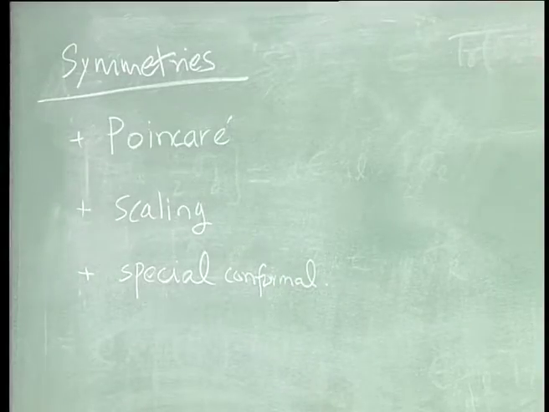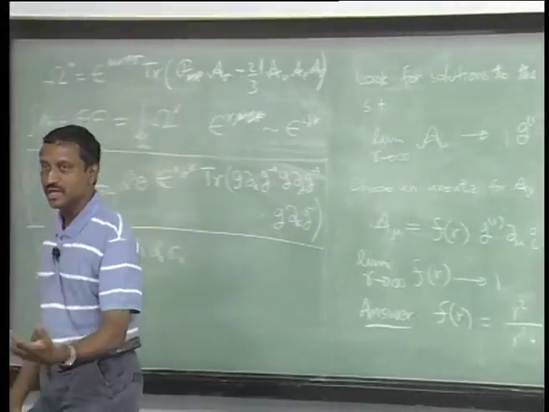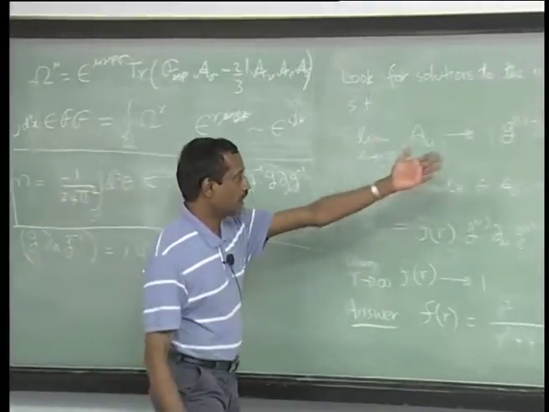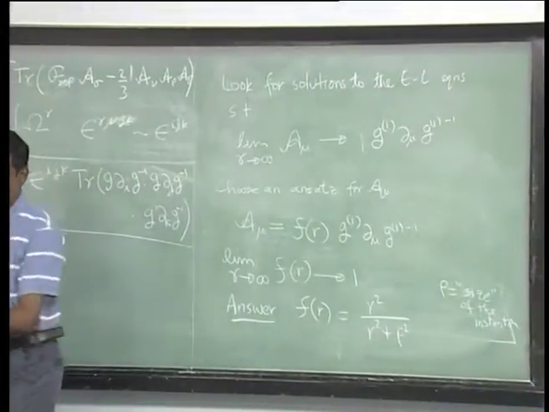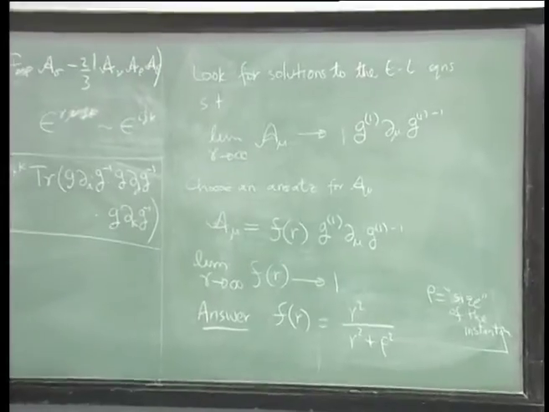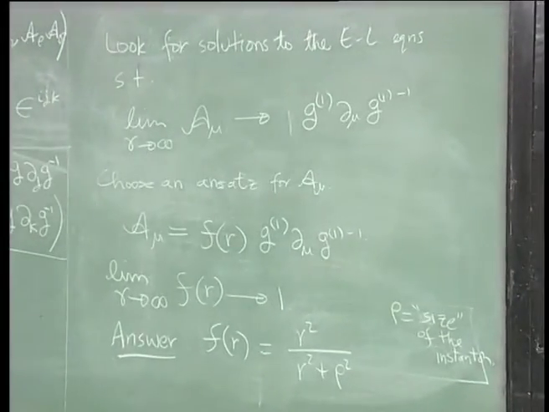Now, if you are given any solution, let us assume that we have checked this is a solution to our equations of motion, and now we want to ask how these symmetries act on this thing. Some symmetries will act trivially, but now we are in a gauge theory.